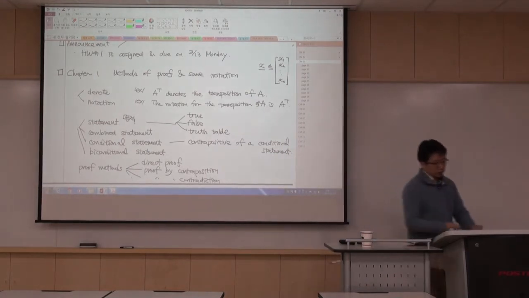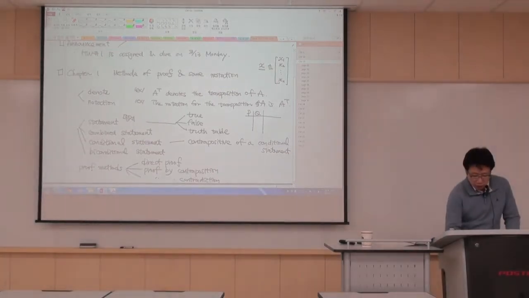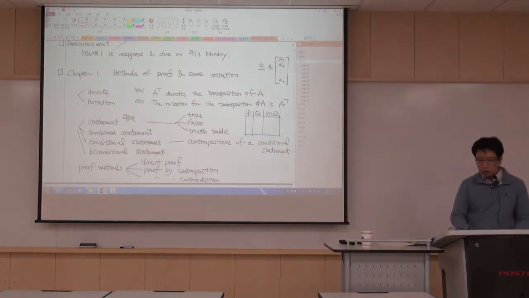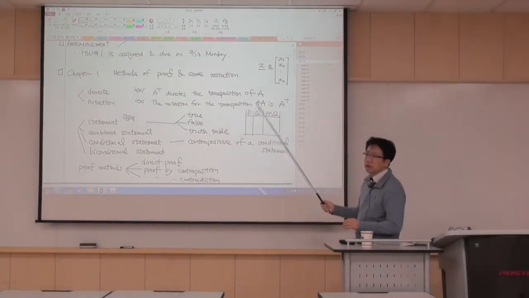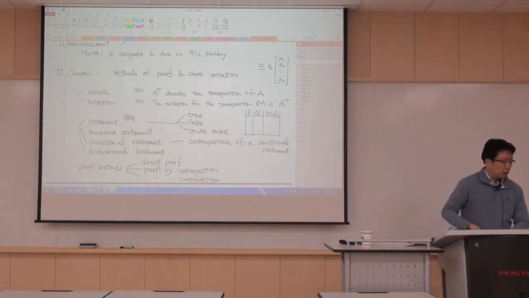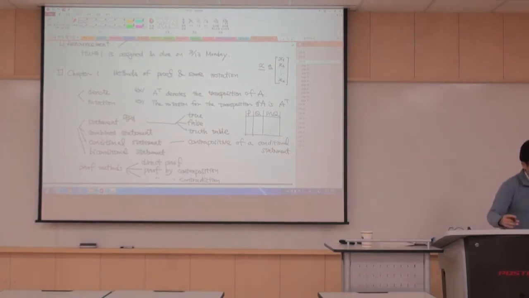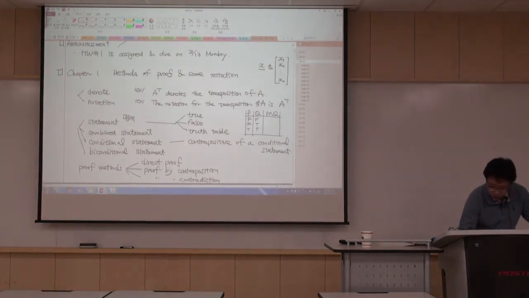For example, suppose we have two statements P and Q, and a new combined statement P and Q. Then the statement P may be true or false, and this could be an arbitrary statement. Unlike what we did in high school math, this textbook starts from false, false, I don't know why, then false, true, true, false, and true, true.